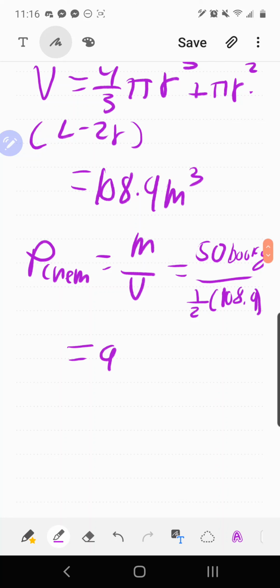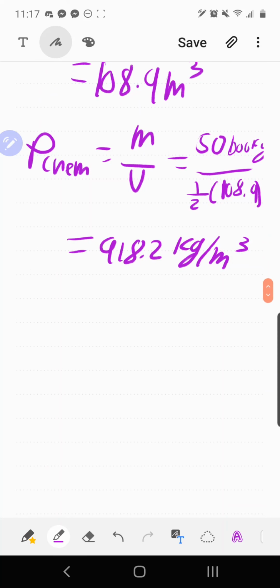This comes out to 918.2 kilograms per meter cubed. So now that we have this information, we can go and find the relative pressure.